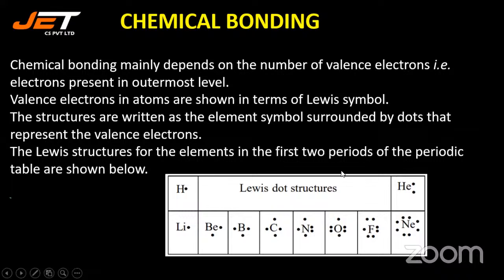If you want to draw the Lewis structure for a compound which has zinc, obviously you will be considering the valence shell electrons for zinc, and accordingly you will draw that. I am just saying that whatever Lewis structures you are drawing, they must have only the valence electrons, not the total number of electrons. Okay, is this part clear?